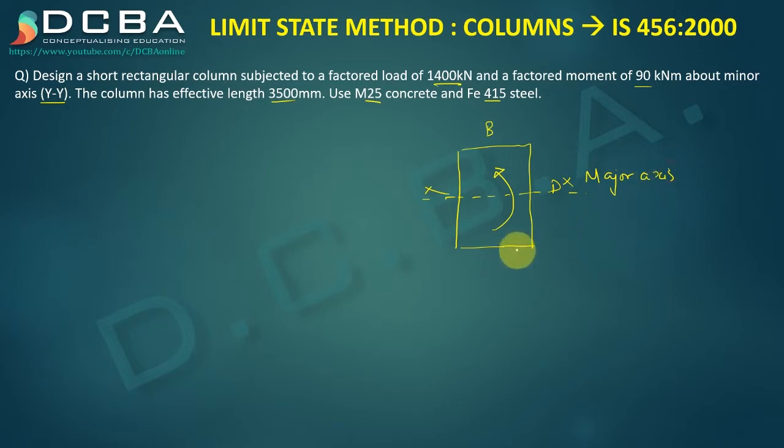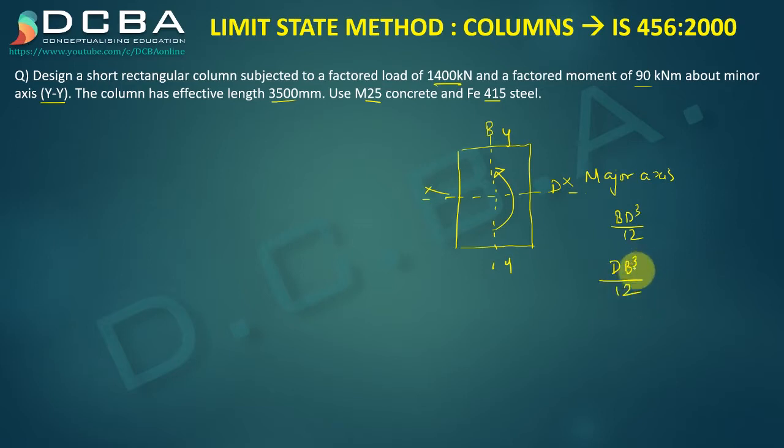Why is it the major axis? Because your width is this and depth is greater. If I have to take moment of inertia about this axis, it would be BD cube by 12, correct? But when I take moment of inertia about this YY axis, it will be DB cube by 12.